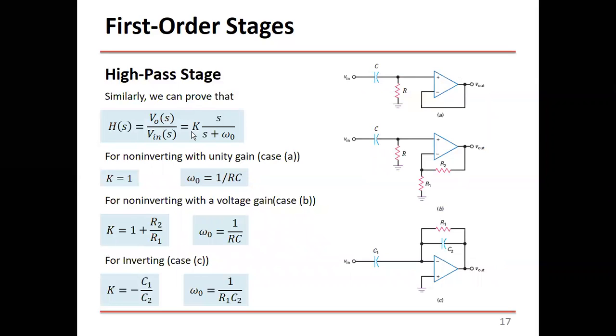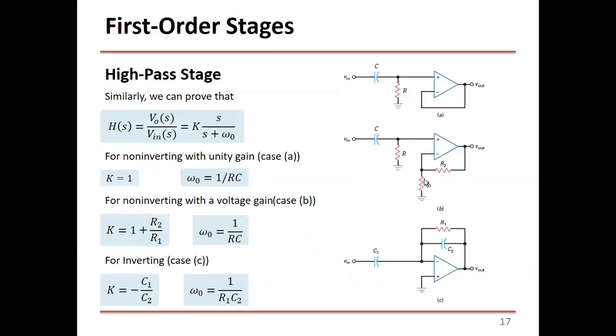Okay, so let's analyze, for example, this one. If you do the same thing, you reach this transfer function. H of S is V out over Vin. It's going to be K times S over S plus omega naught, where omega naught is 1 over RC and K is 1 plus R2 over R1.